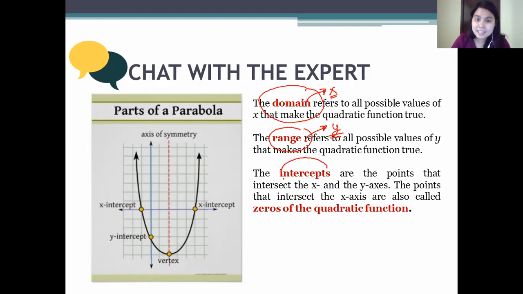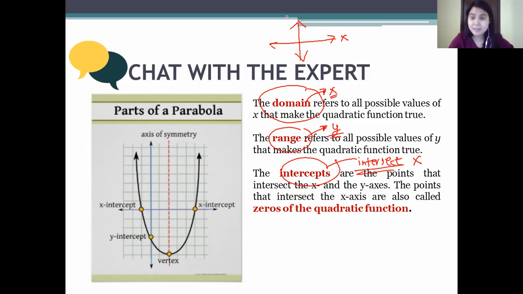Next, intercepts. Intercept is also the same as intersect. Now, if we say x intercepts, it tells us what points in the x. Remember, if we have our coordinate plane, this is called the x axis, and this is the y.